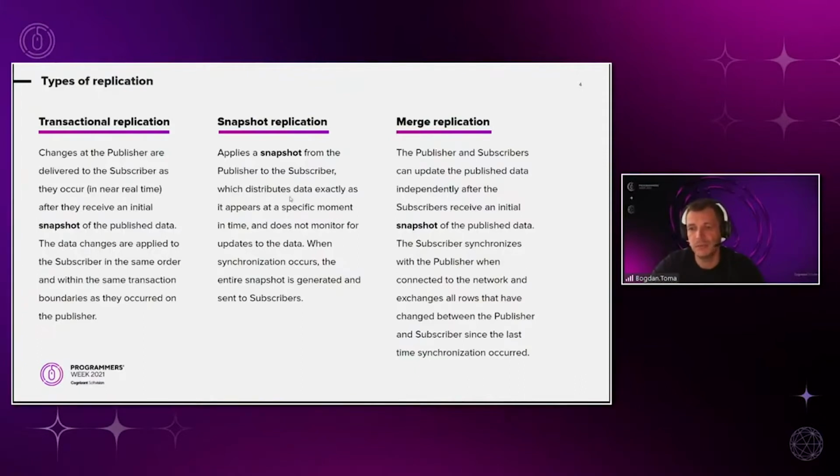Everything that happens after the initial initialization is not moved until we reinitialize the snapshot. For merge replication, the subscriber can also update the publisher. So it's a two-way action.